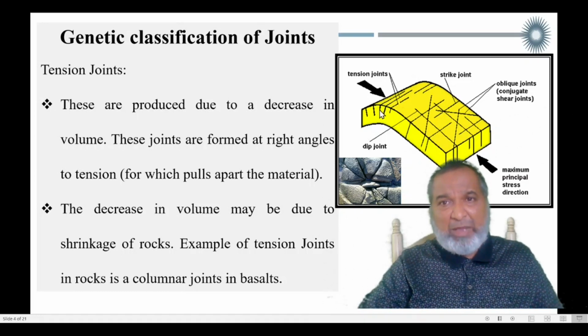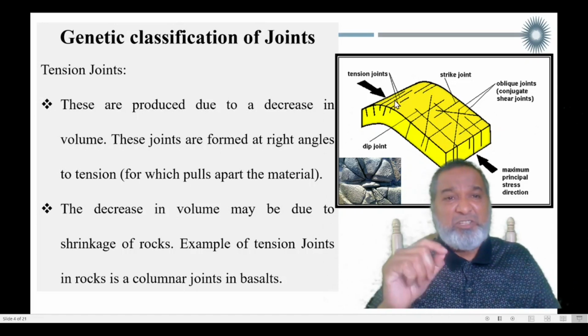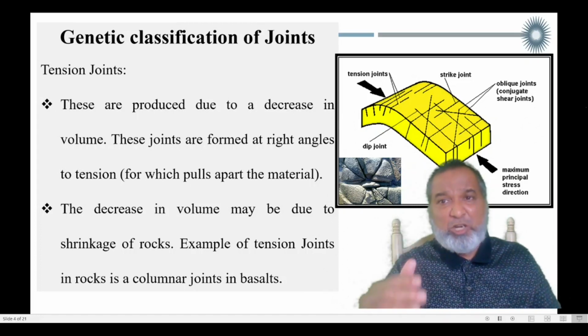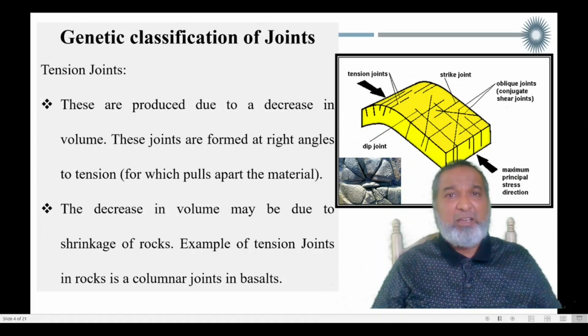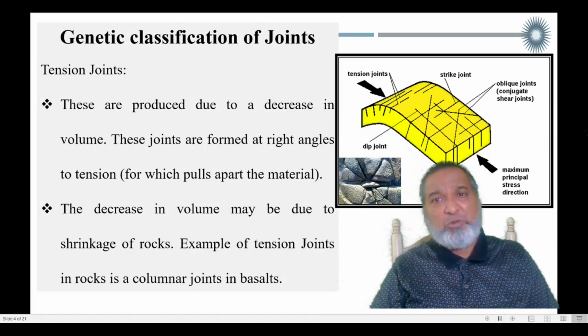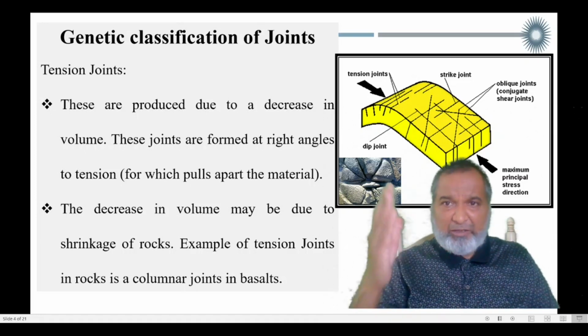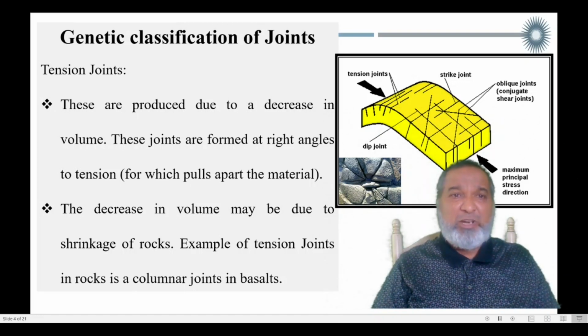Wherever the maximum curvature is, you can find that perpendicular to it we get joints, and these are the tension joints. So perpendicular to the force which is applied, at the maximum curvature, the joints which are formed are called tension joints.